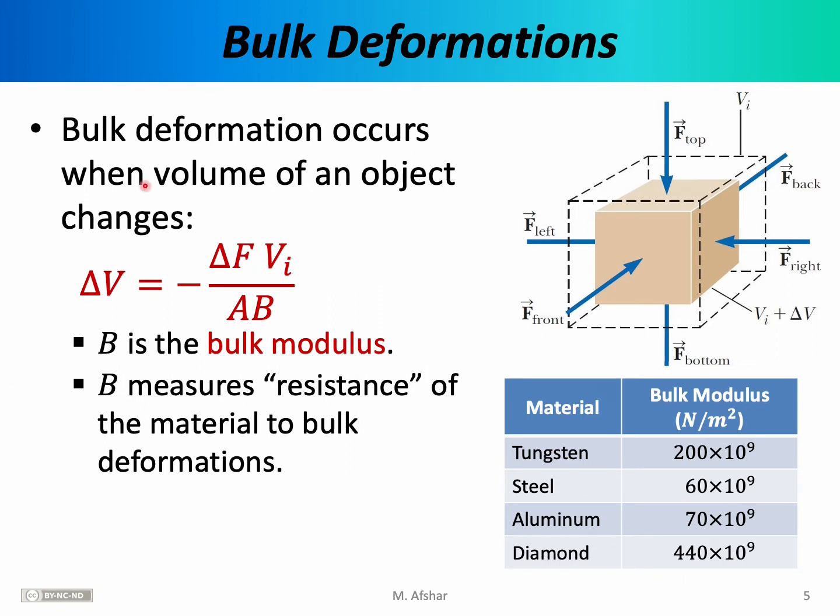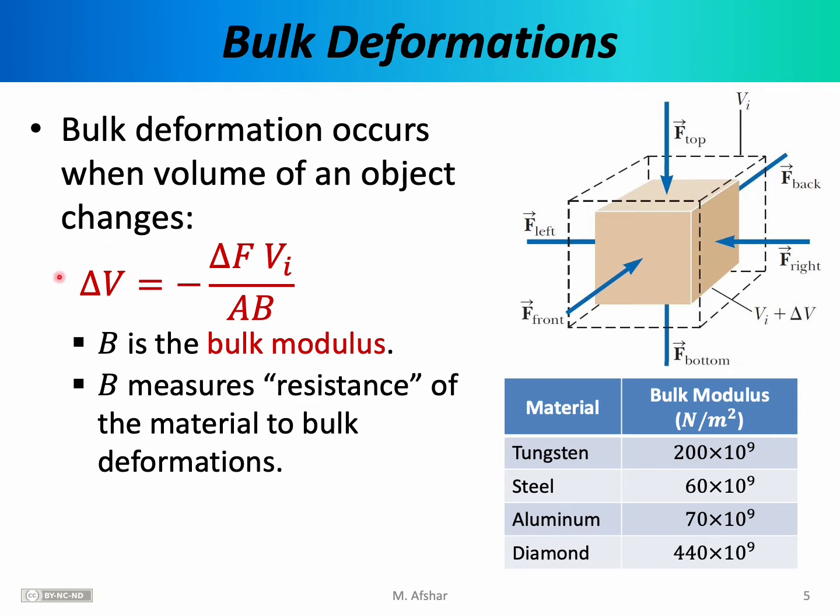Notice that the formula for bulk deformations is different than the formulas for tensile or shear deformations in a couple of subtle ways. First of all, there is a negative sign in the formula here. The negative sign is basically telling us that the volume is decreasing or that the cube is shrinking in size.